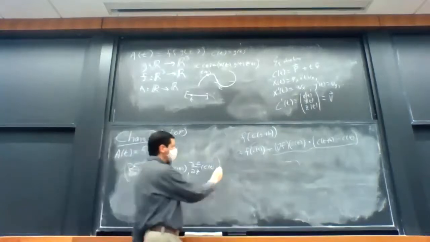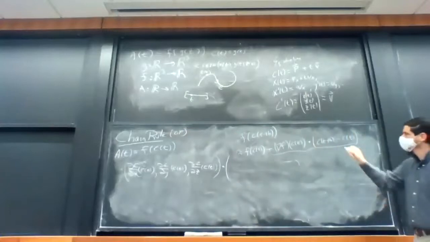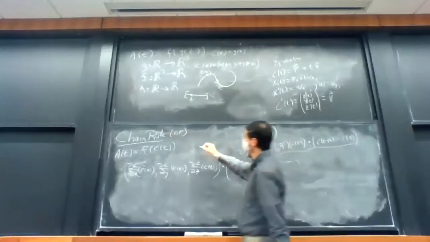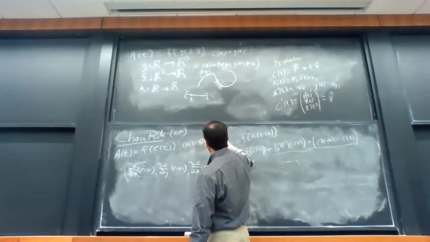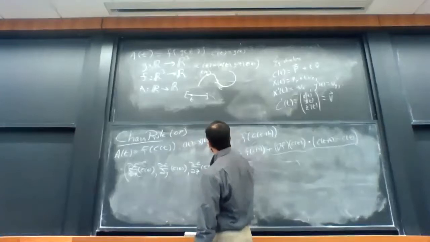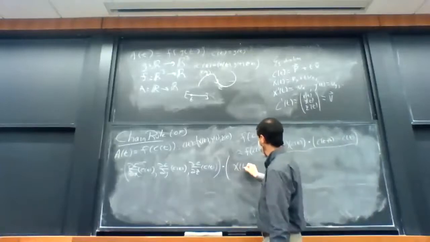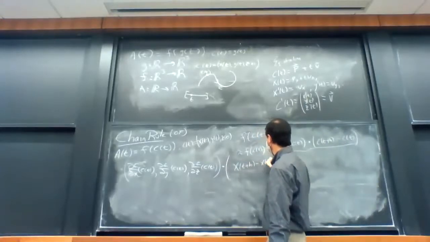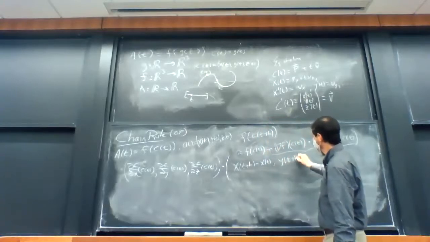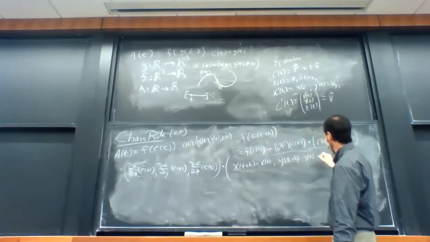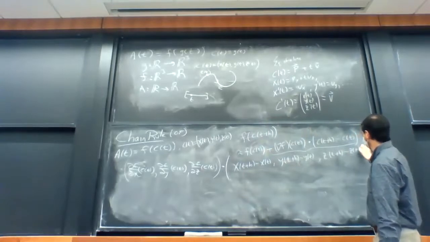And now I have to dot it with c of t plus h minus c of t. And remember, c of t is x of t, y of t, z of t. It's where I am. So this is going to be x of t plus h minus x of t, y of t plus h minus y of t, z of t plus h minus z of t.